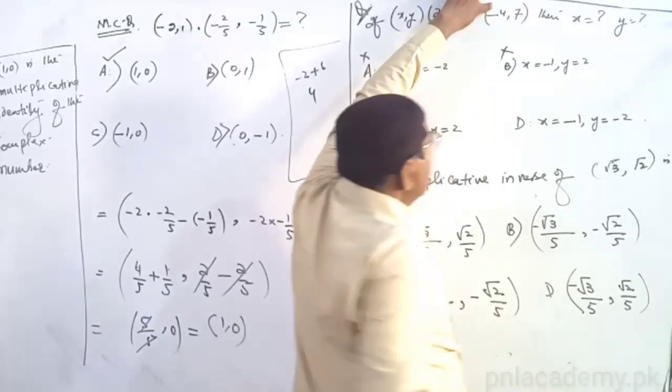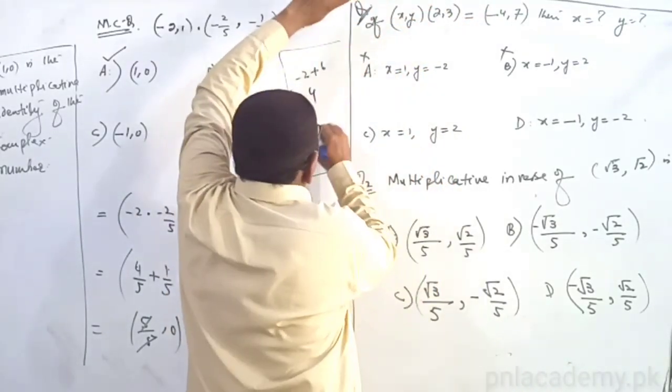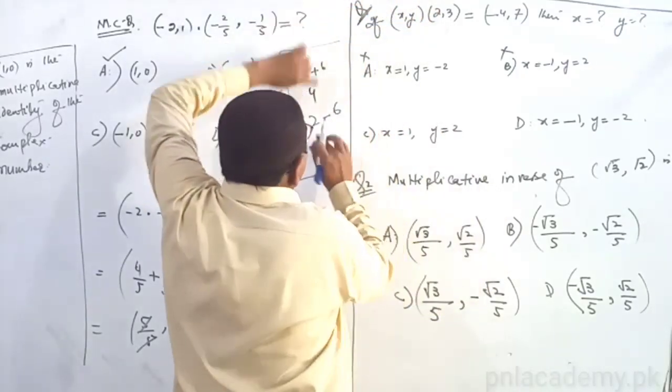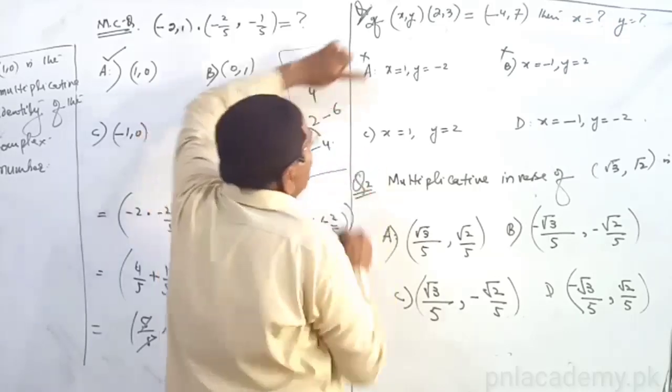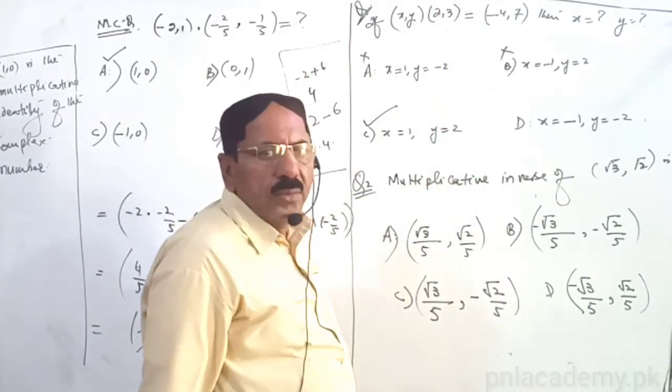This is also a wrong answer. x is equal to 1: 1 into 2, 2, minus BD, 2 into 3, 6, 2 minus 6 is equal to minus 4. Here the result is minus 4, so this one should be the correct answer.